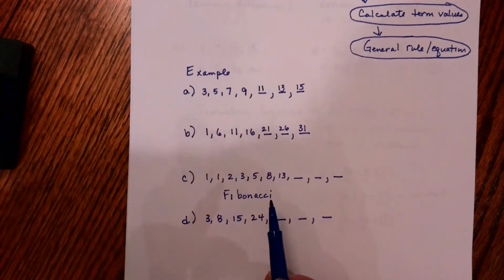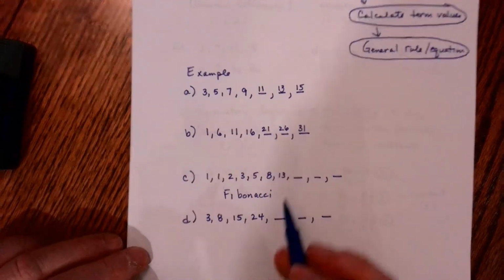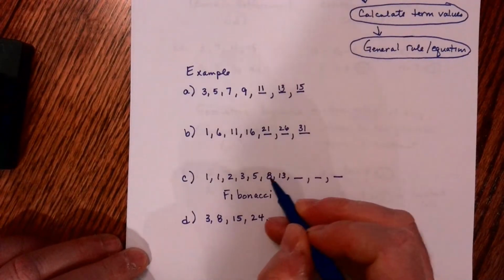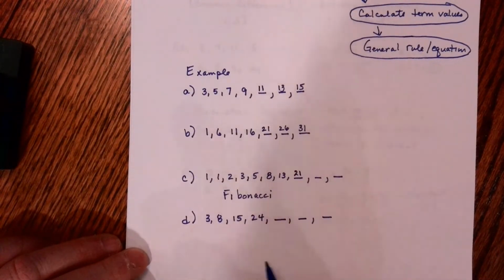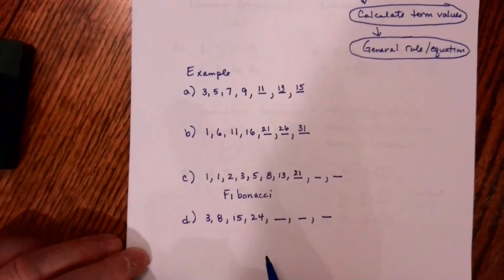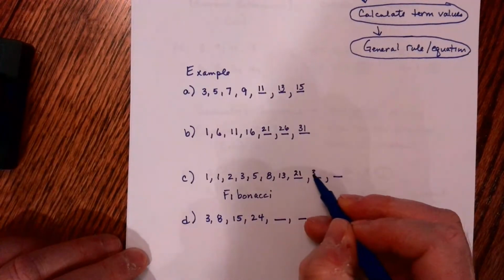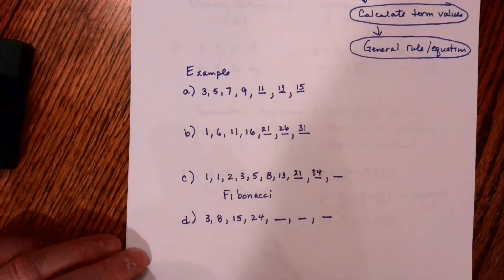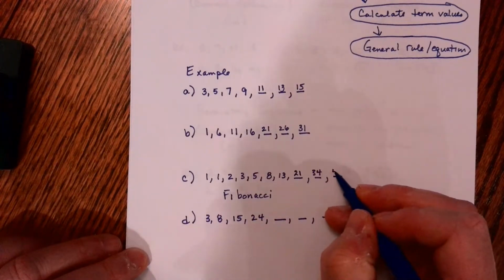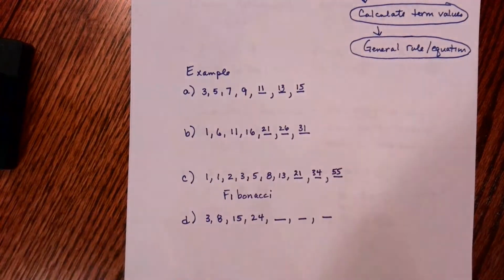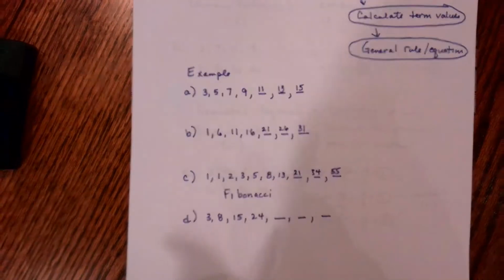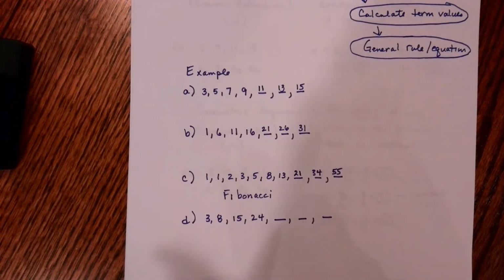If we continued with this pattern, we would come up with 8 plus 13, which would be 21. 13 plus 21 is 34. And 21 plus 34 is 55. Once again, we're still able to identify a pattern and use that to extend the sequence and predict the values.